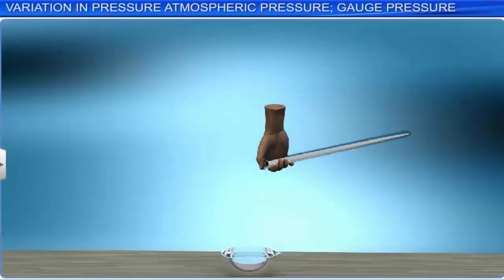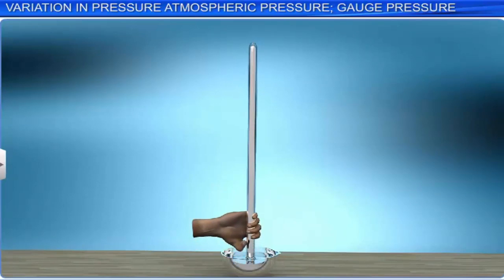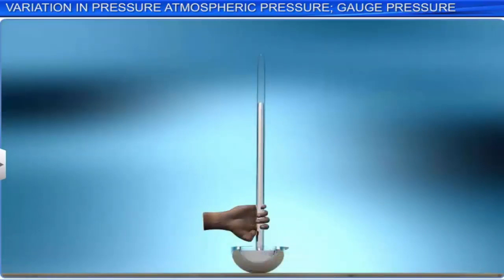This vacuum is known as the Torricelli vacuum. The height of the level of mercury in the tube is nearly 76 centimeters or 760 millimeters above the free level of mercury in the trough, which is equivalent to 1 atmosphere.